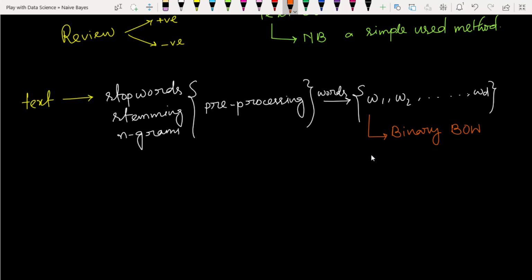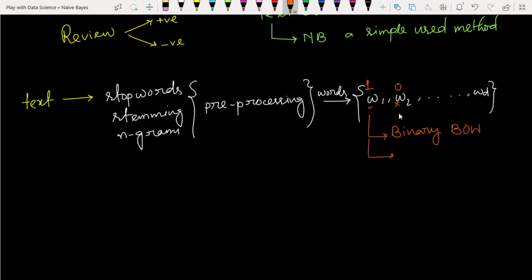It simply means present or not present. If it is present, we use 1; if it is not present, we use 0. Here we are not counting the number of occurrences.